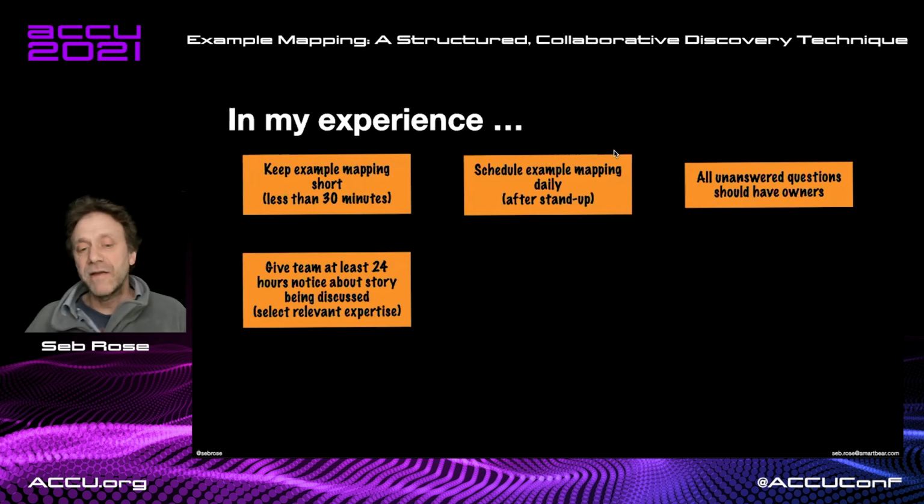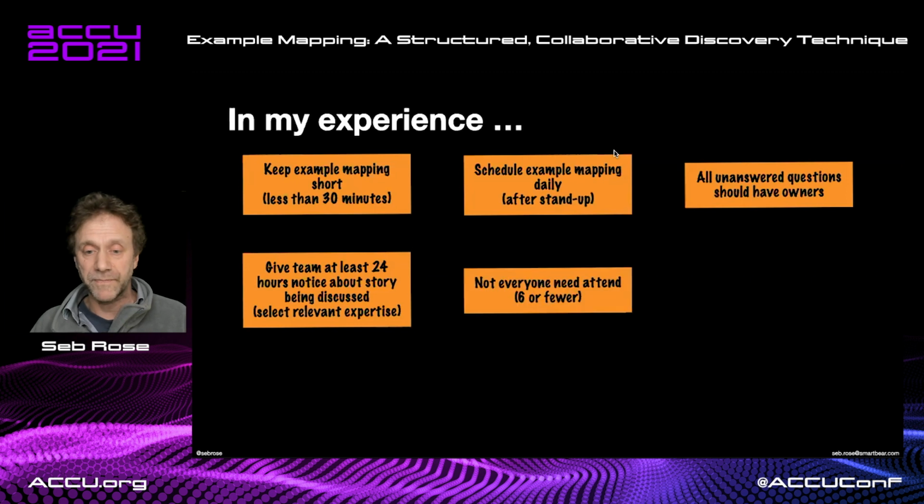And the benefit there is that relevant people can think about the story, think about whether they are interested in going to the story or able to add to that discussion. Because if you've got a team of maybe 9 people, example mapping works with 9 people, but it can work just as well with 3 or 4. So there are times when you would want to optimize for efficiency rather than full discussion among the whole team.